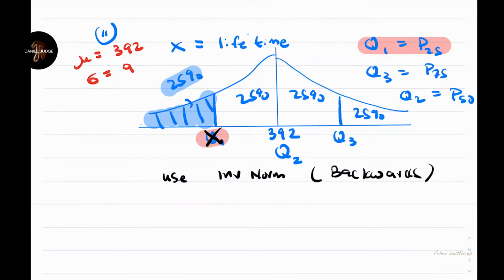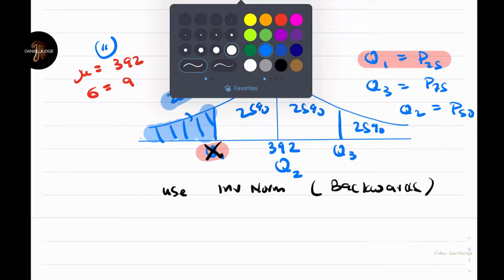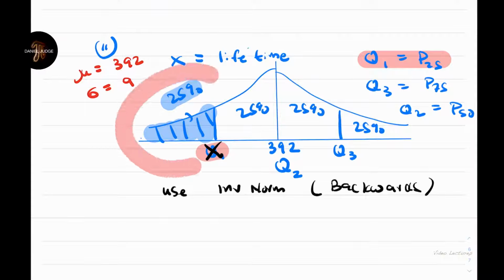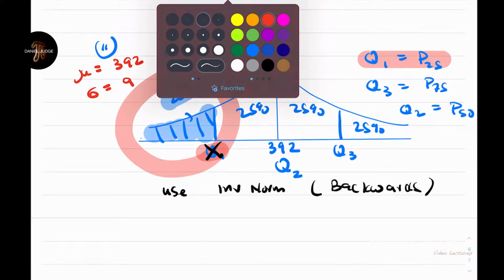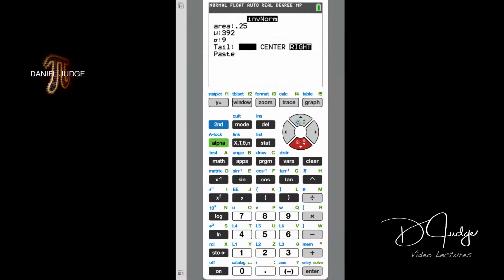So if I go here again, when I enter the decimal representation of 25%, notice this is a left tail. So I'm going to need to indicate on my TI, hey, left tail now. This must be a left tail because the area is 0.25, 25%. Now hit enter.